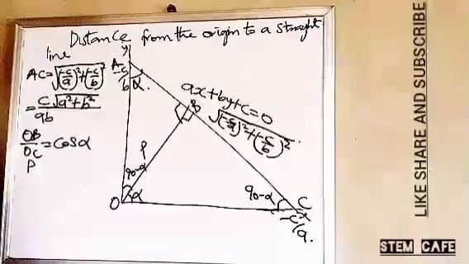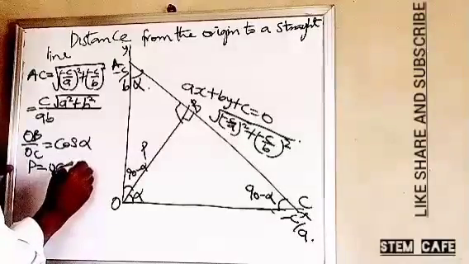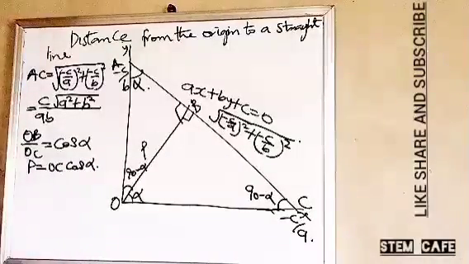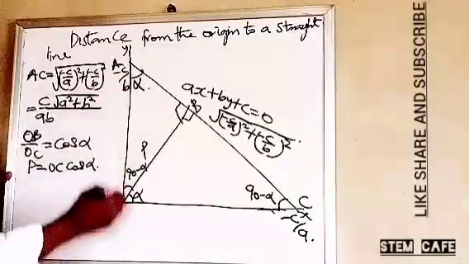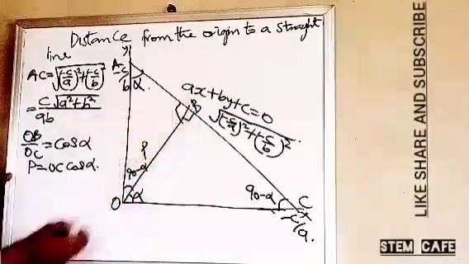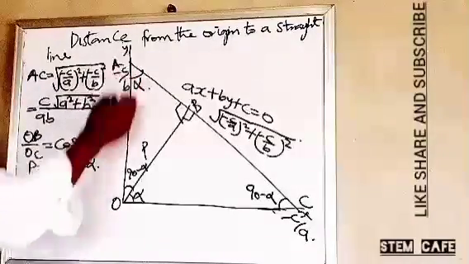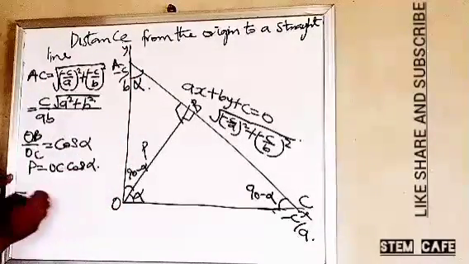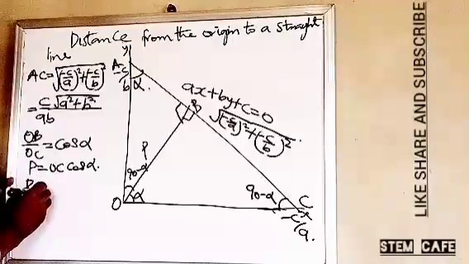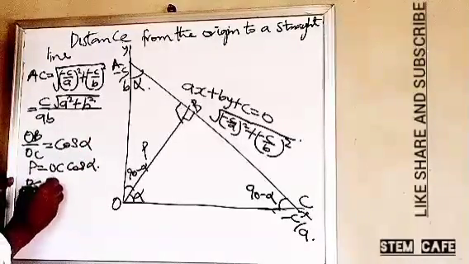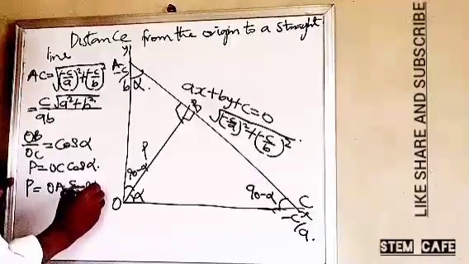Let me state it straight: OC cos alpha. At the same time, if you look at triangle OAB, P is the opposite, while AO is the hypotenuse. So P is equal to OA sine alpha.